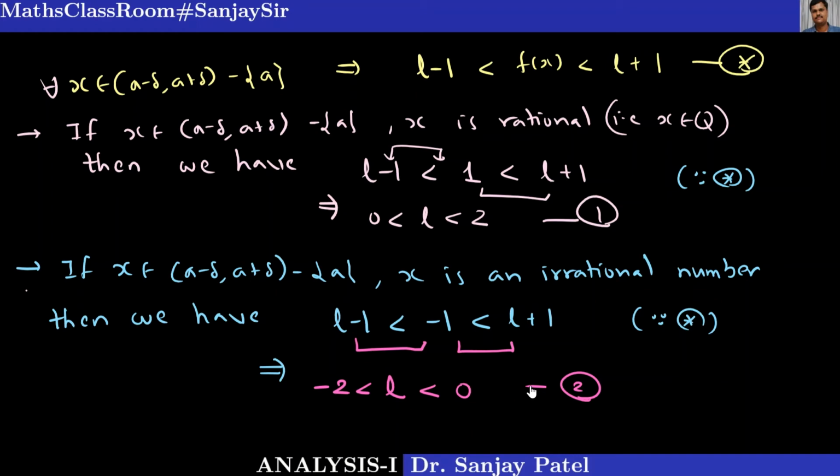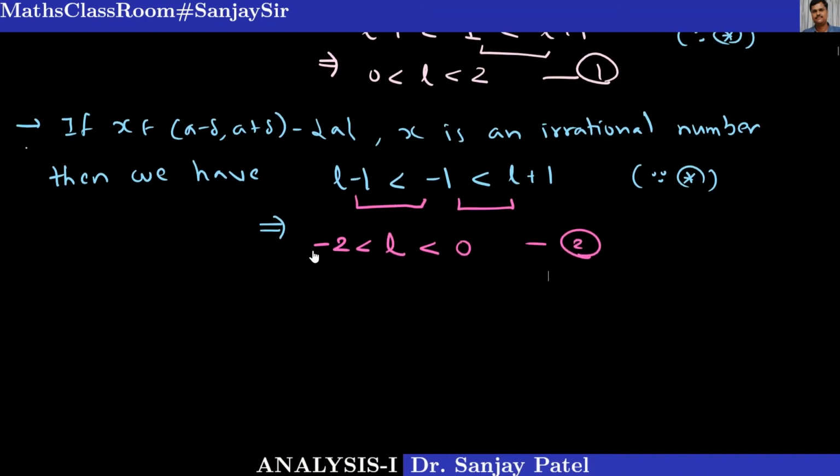So what we have proved actually? In 1 we are saying that 0 less than L less than 2. Okay. In 2 we have proved that L is between minus 2 and 0. But what is L? L is a limit of the function. So limit is always unique, and we cannot have two different values of L. One is between 0 and 2 and other is between minus 2 and 0.